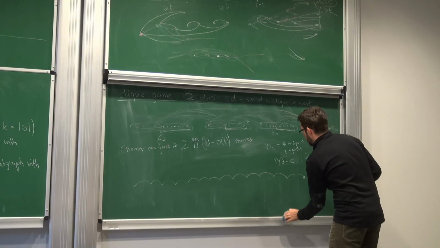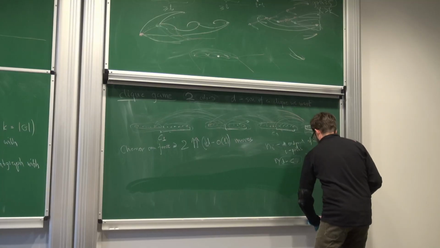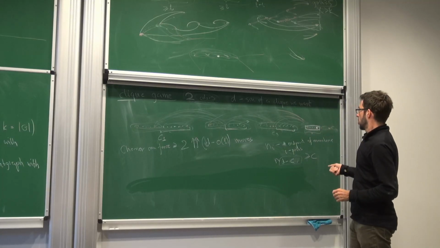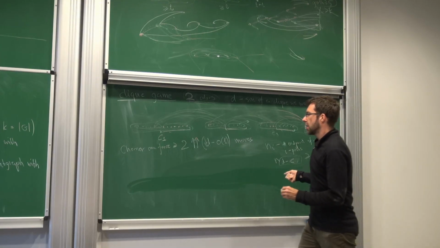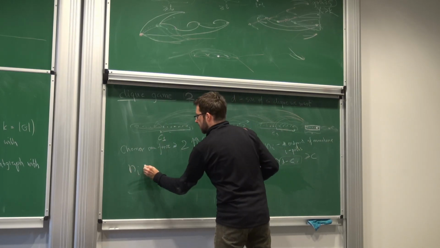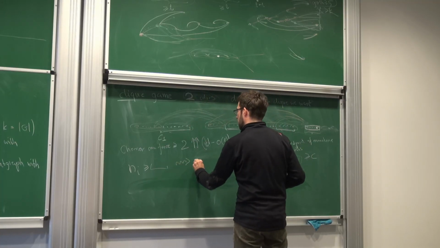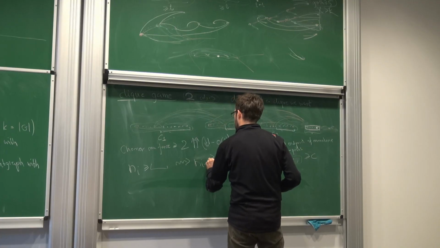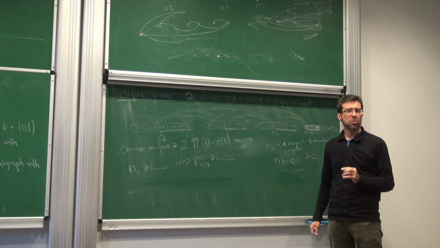And now, our goal is that if we have some lower bound on n_i, we want to get from it a lower bound on n_{i minus 1}.